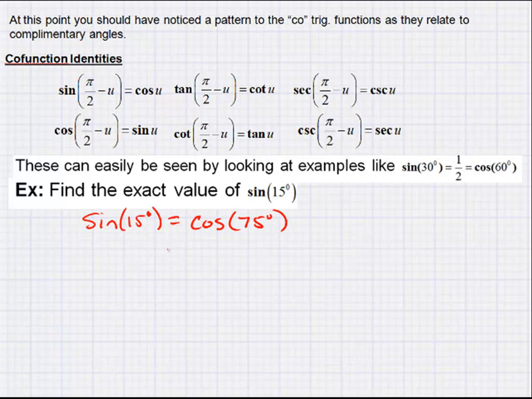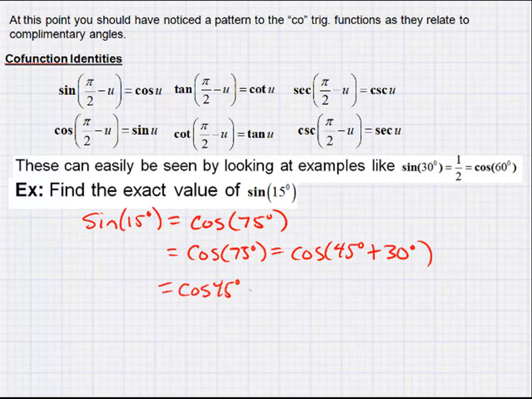Well, I can find the cosine of 75 degrees because 75 is equal to 45 plus 30. And that's a sum. Well, that means I can do the cosine of 45 times the cosine of 30 minus the sine of 45 times the sine of 30, all degrees.